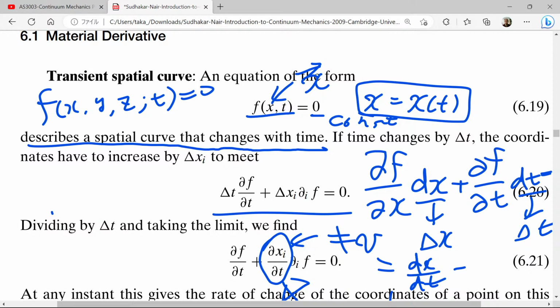In two dimensions it's okay: if you have f(x, y) equals 0, this gives a curve.